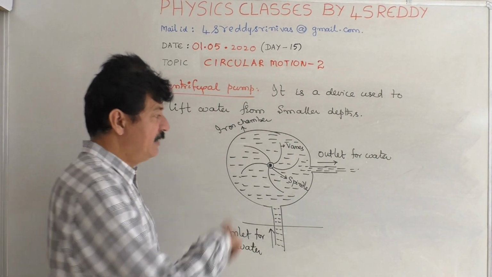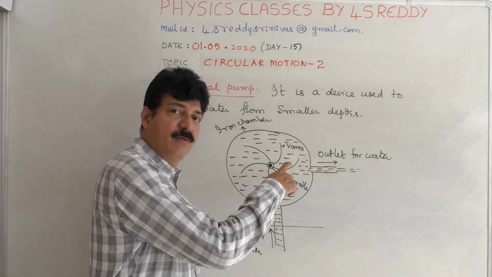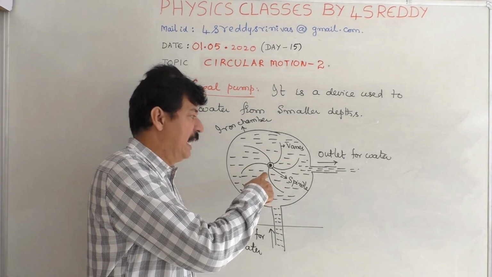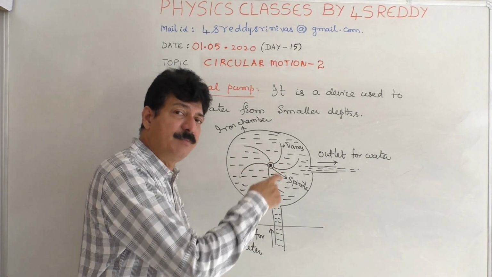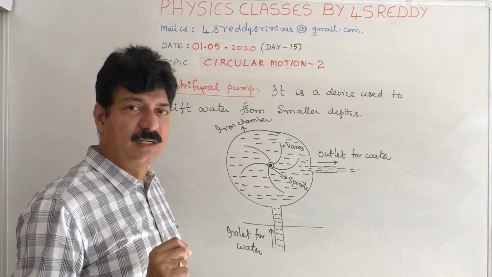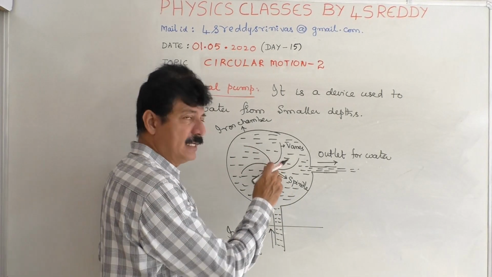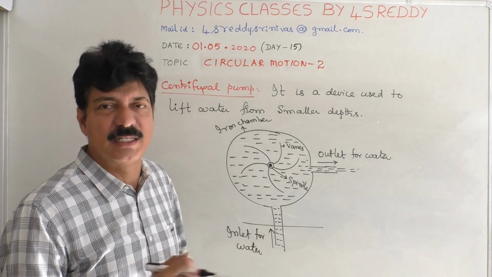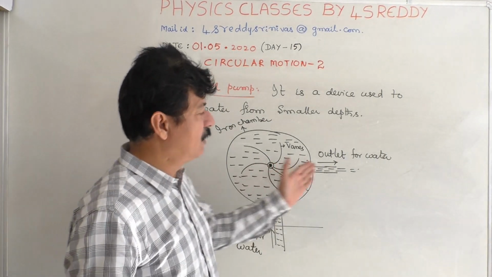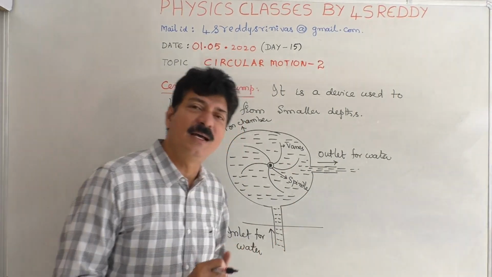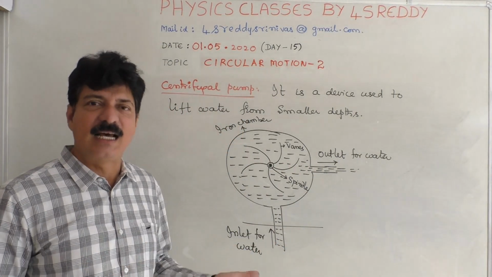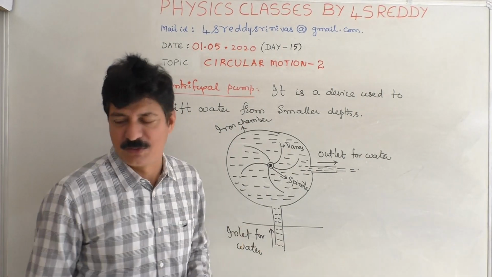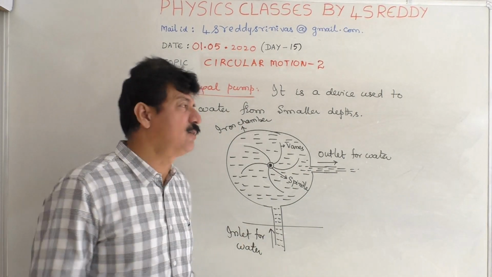Because whenever this is in rotation, the water is caught in between the vanes, and thereby is subjected to uniform circular motion. These water particles experience a pseudo force directed radially outwards, which is nothing but centrifugal force, so that the water comes out through the outlet. This is also an application of centrifugal force.